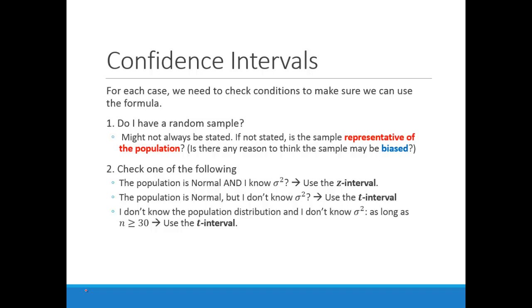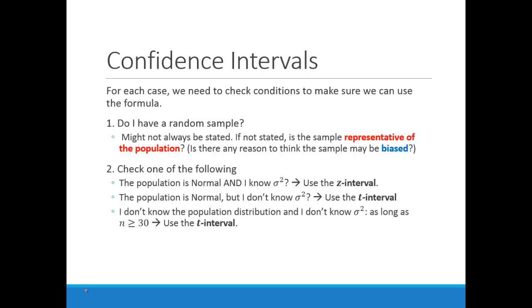If you look back at the definition of these confidence intervals, we assume that we have a random sample, and then a few different cases: if the population is normal, do I know sigma squared, and all those things. So the two questions to ask yourself are, first, do I have a random sample? These methods are based on having independent observations.